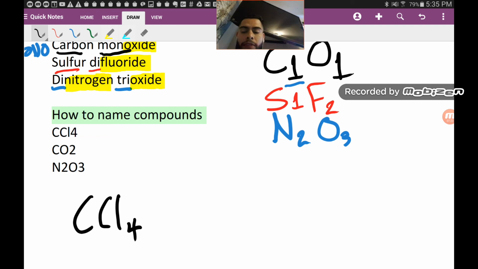Okay, little 4, not big 4. To name this, you will have to use the periodic table, of course, if you don't know the elements. Technically, we only have 1 carbon. However, we're not going to say monocarbon. Remember, you don't use the prefix mono for the first element, so you just say carbon.